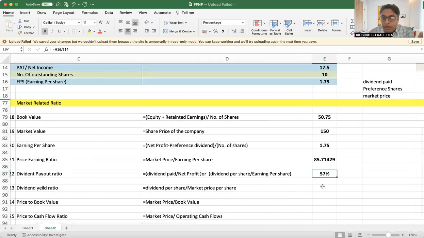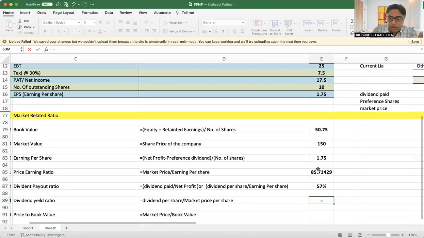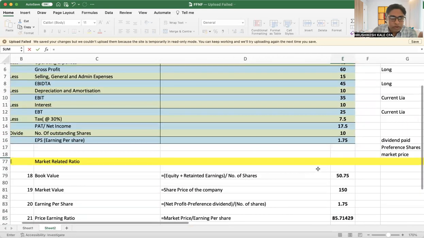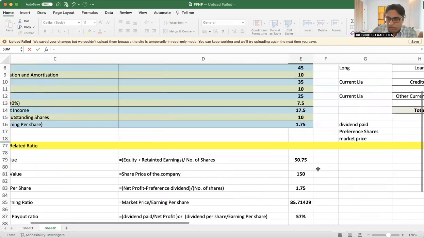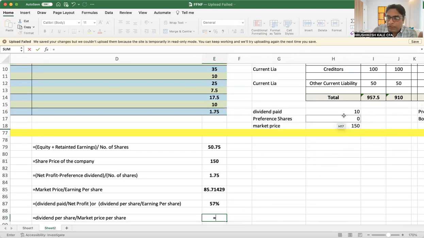Then, dividend yield ratio. It speaks about dividend per share. So, do we have dividend per share here? No, we do not have dividend per share. We will calculate it, don't worry. So, dividend per share is total dividend divided by number of shares.